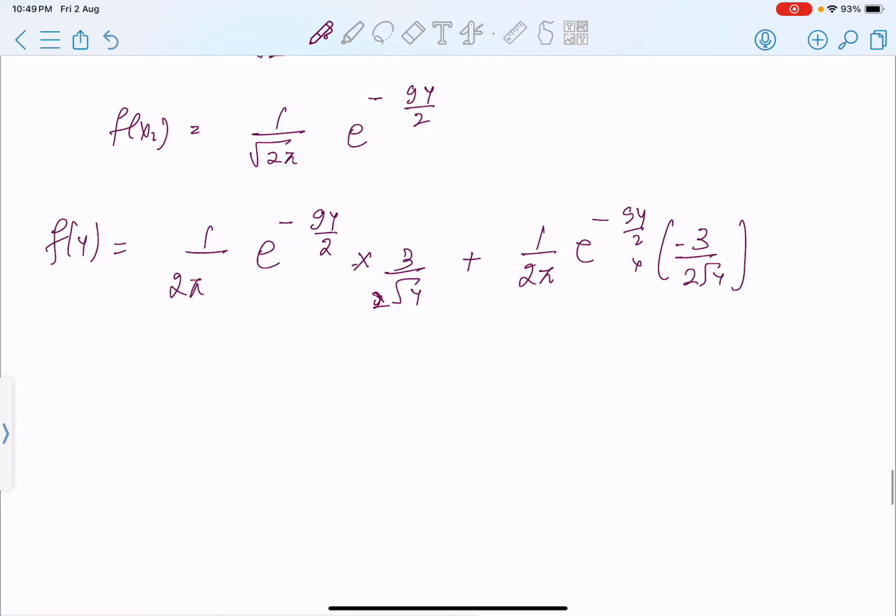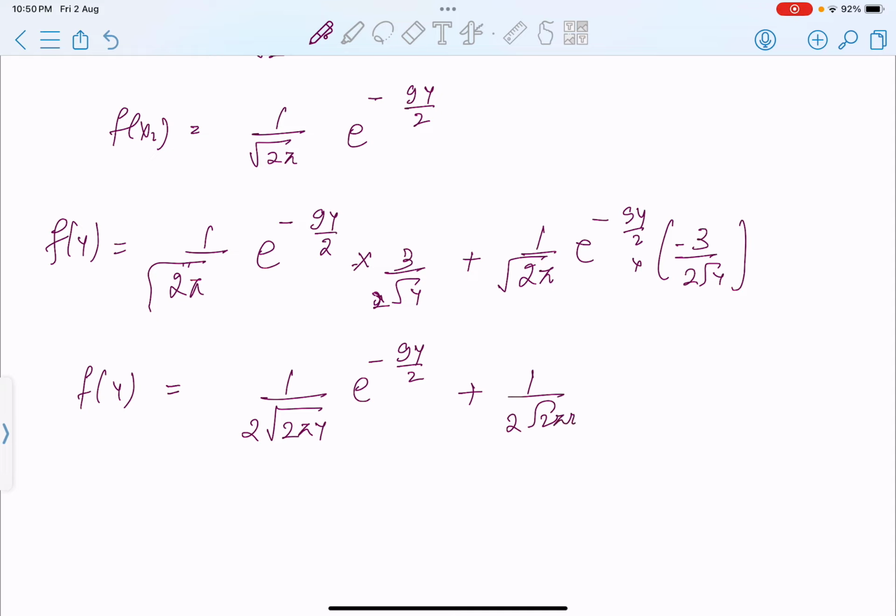And then if we multiply these things, we are meeting some under root, we'll keep one under root also. So the final value will be 1 by root 2 pi y e to the power minus 9y by 2 plus 1 upon 2 root 2 pi y e to the power minus 9y by 2.